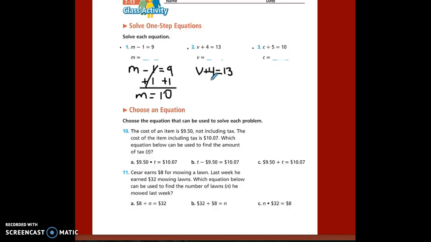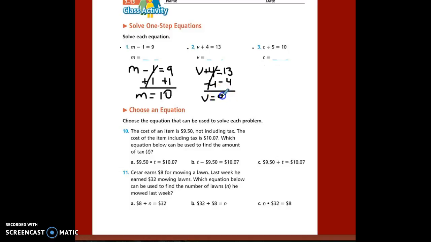Now, the opposite of addition is subtraction. So I'm going to say minus 4 here, and I'm going to say minus 4 here. All right, and then I go ahead and solve that. And when I do this, I can cross these off because it basically equals nothing. And I end up with V equals, and I have to do 13 minus 4, which ends up equaling 9.